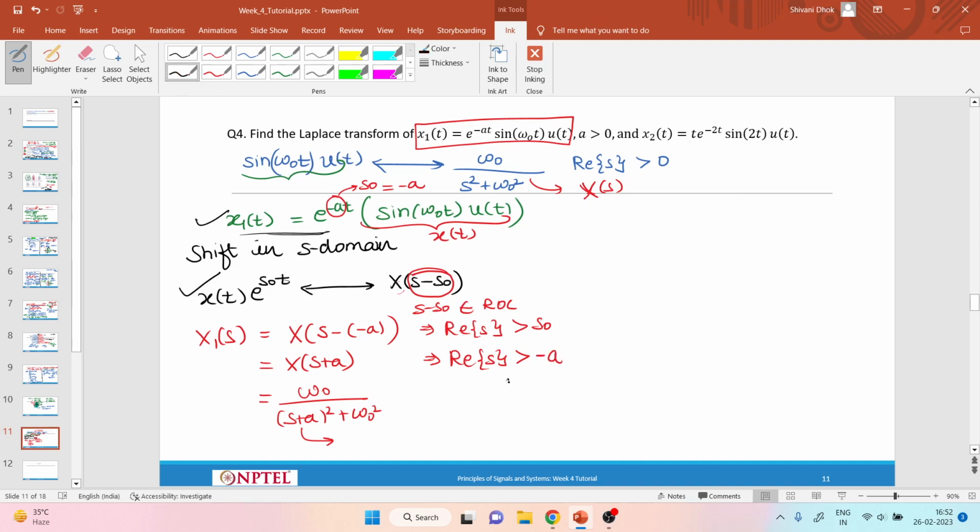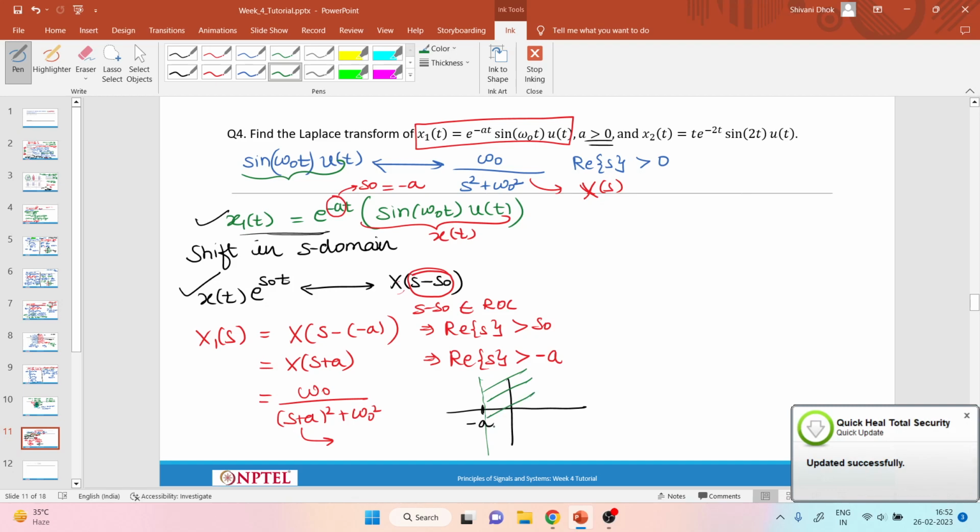And if I draw it, it will be something like this. Let's say my a is a positive number as it is given here, so it will lie somewhere here, and my region of convergence will be something like this.